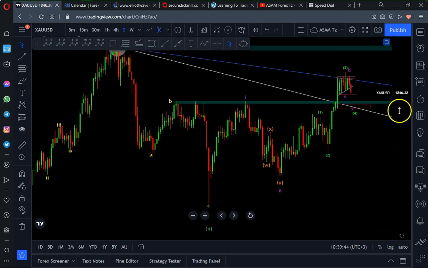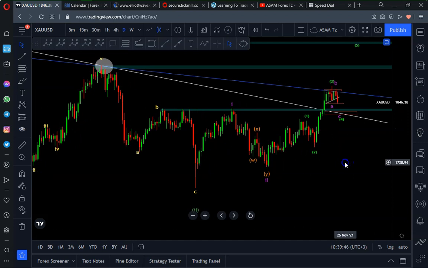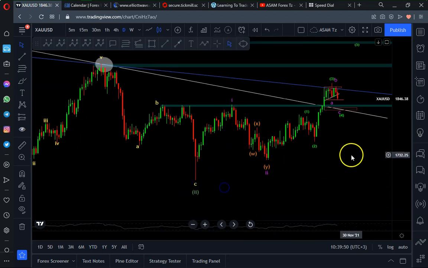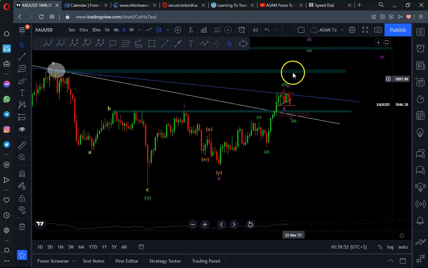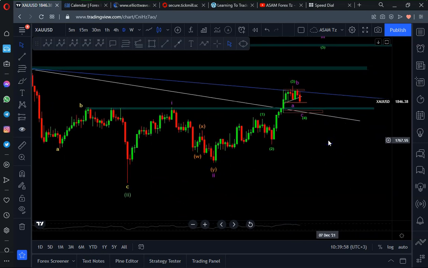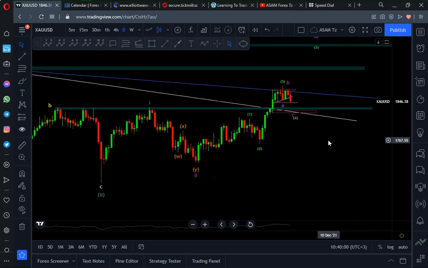Now we're going to see the depth of correction in the fourth wave, in this degree. It is mainly expected to move to about 0.38, or 38%.